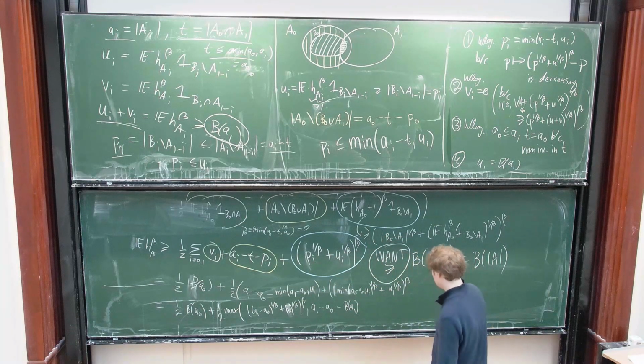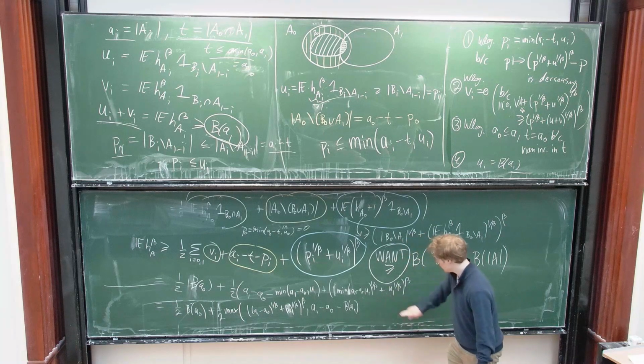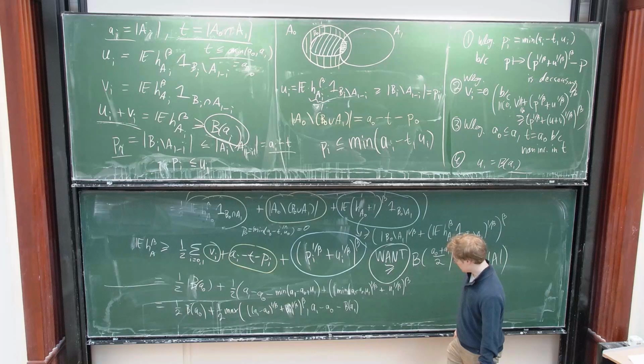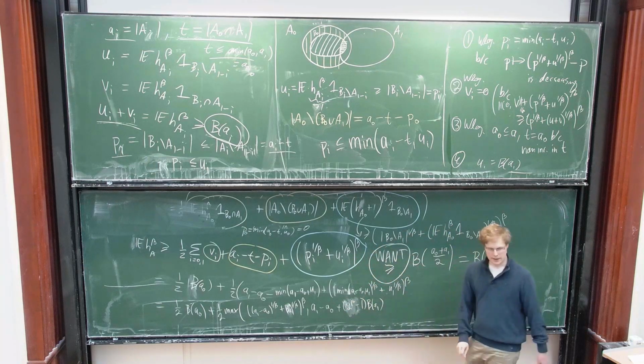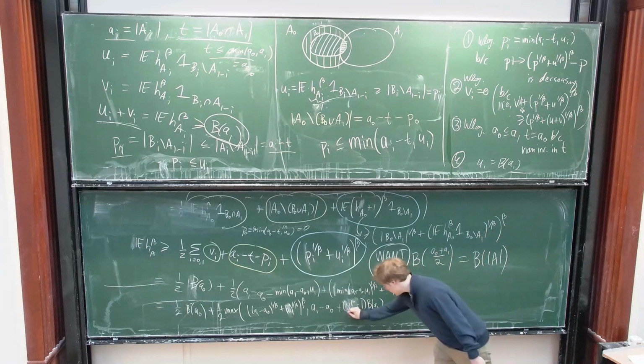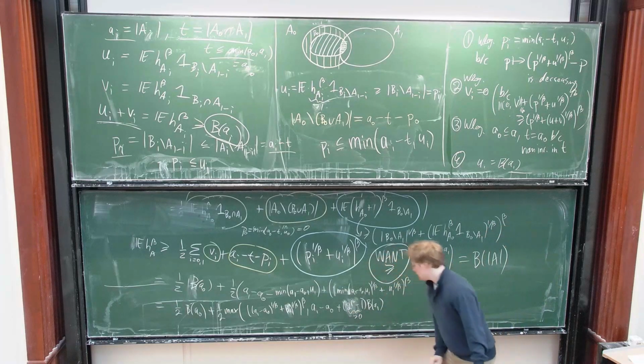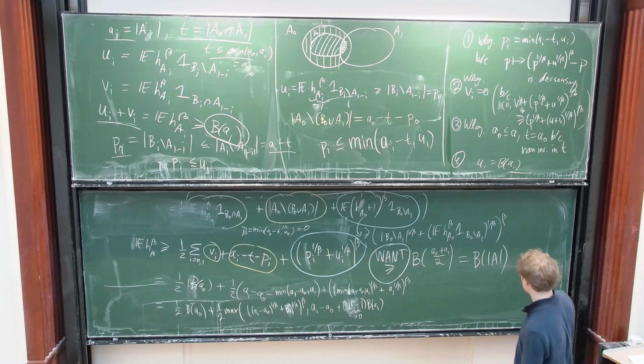This becomes 2 times b of a1, to a power. So this is 2 to the beta times b of a1 minus 1. So altogether it is 2 to the beta minus 1 times b of a1. Okay? And very importantly, this is greater than 0.